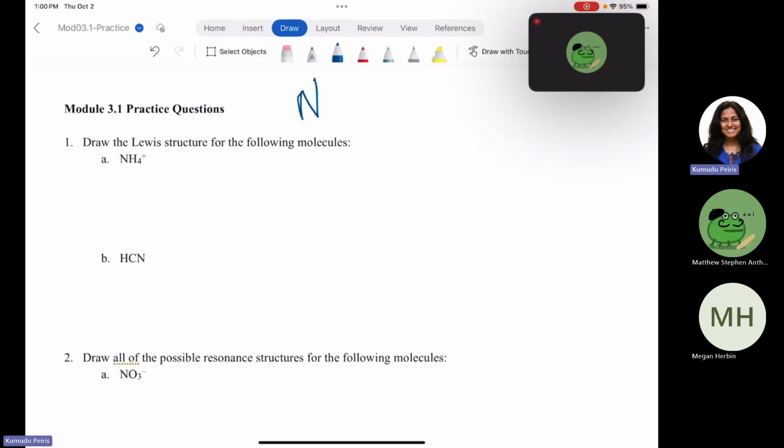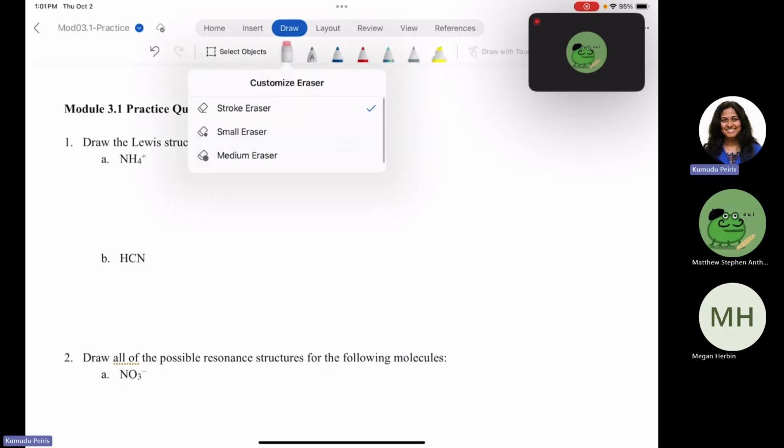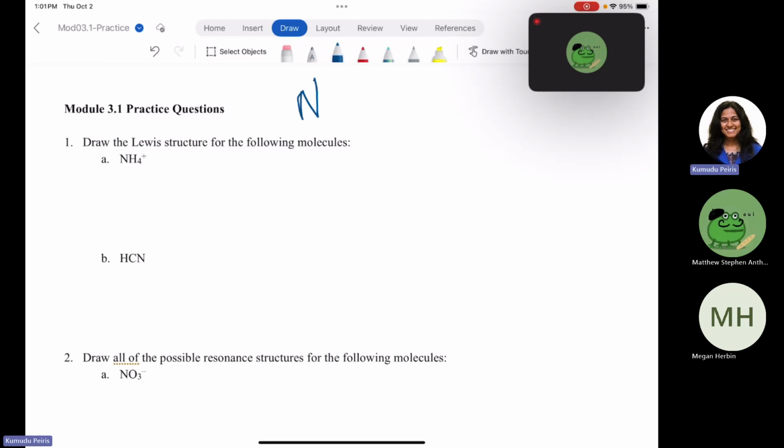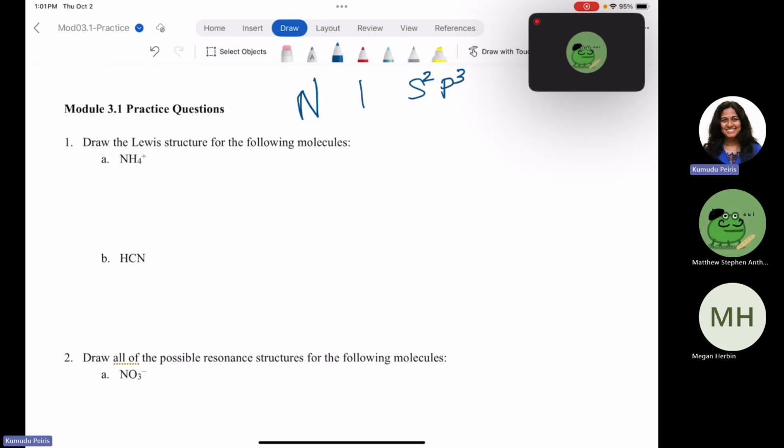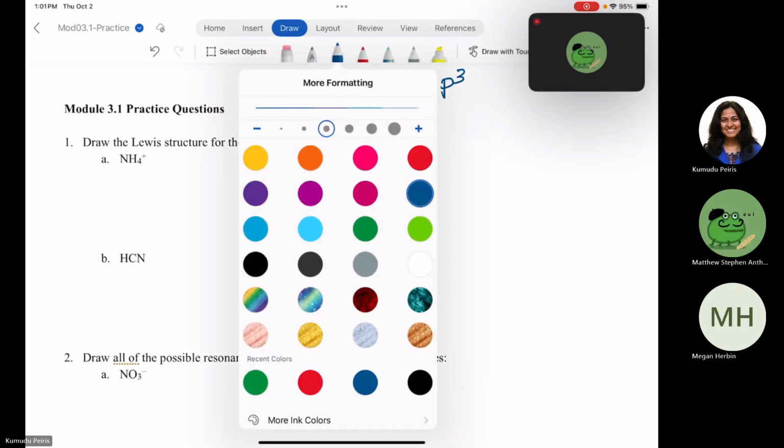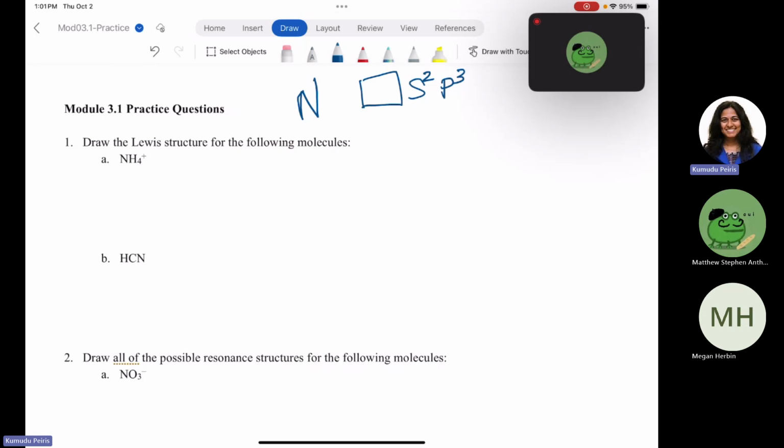When I write the electron configuration for nitrogen, I know it is 1s2 2s2 2p3. Whatever is inside, we call the core electrons, and these are the valence electrons.